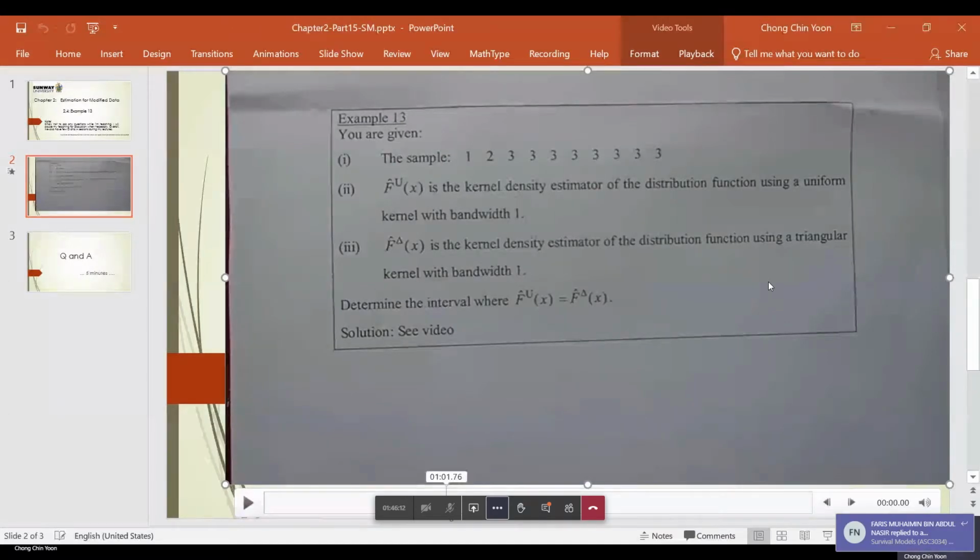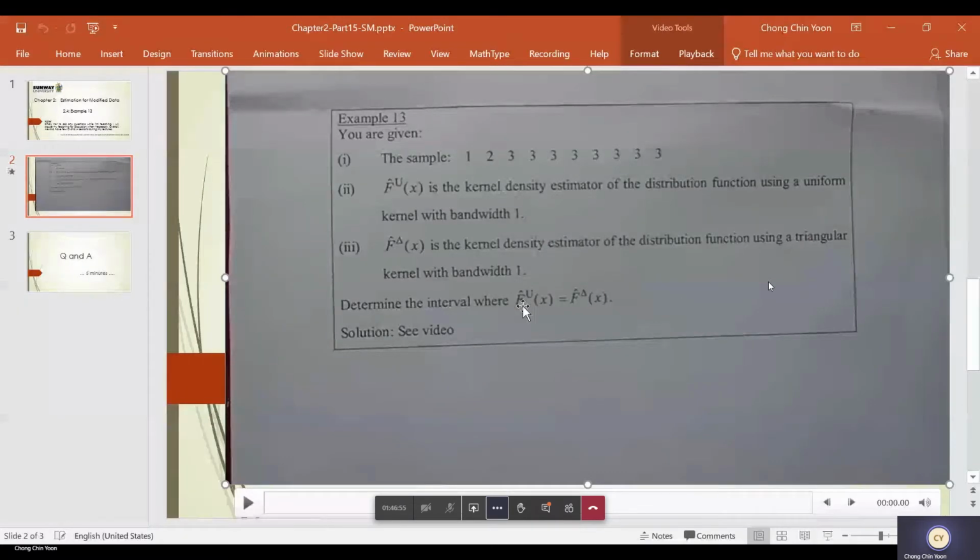Okay, so we continue to this. Now, for this example 13, I have to find the interval so that this CDF for this kernel density by using uniform, which I state as U here, is compared to the kernel density for this distribution by using triangular, which I put with this triangle notation.